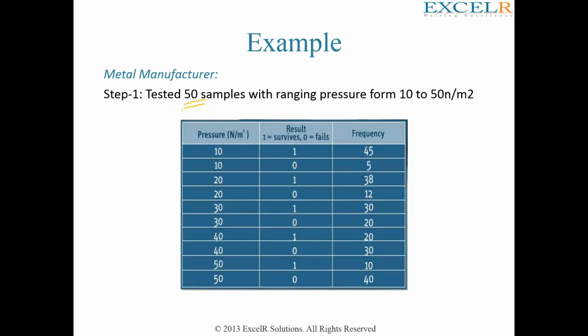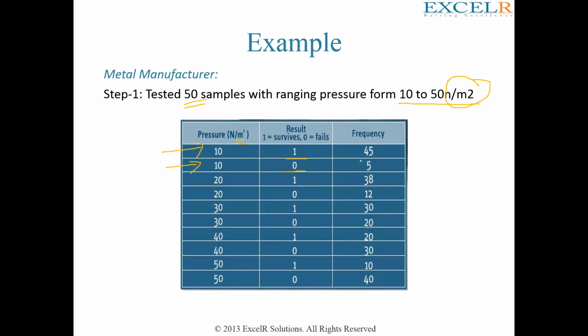So you tested 50 samples with pressure ranging from 10 to 50 Newton per square meter, I believe. What is the unit for pressure? Newtons, right? So I'm right on that. Okay. So if I apply so much pressure, this is what is happening. They're not failing, right?